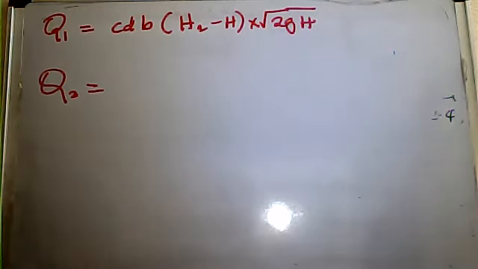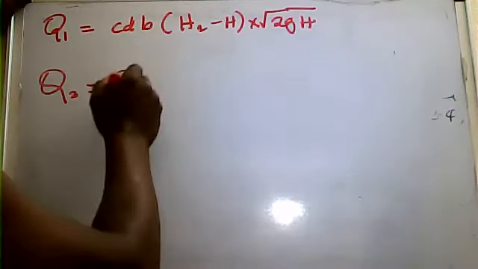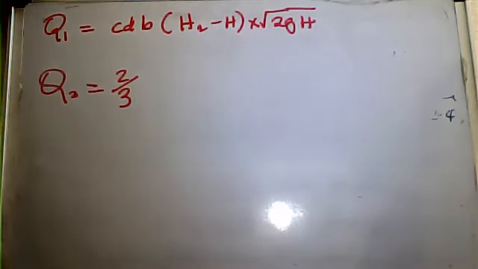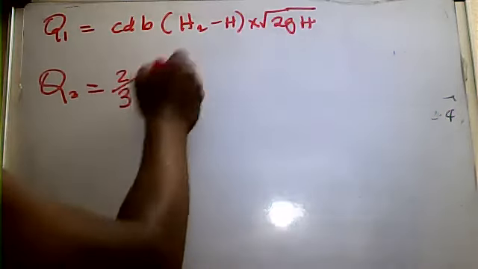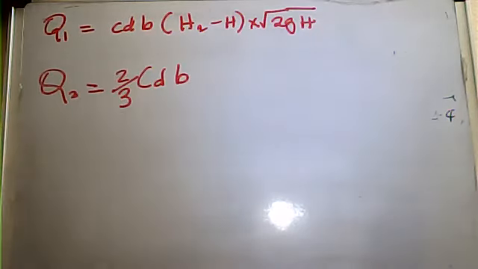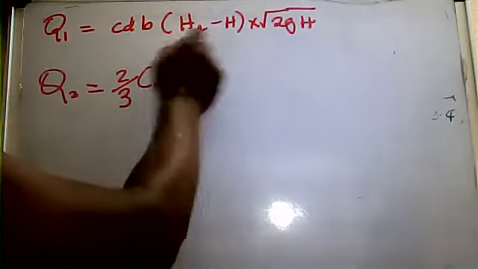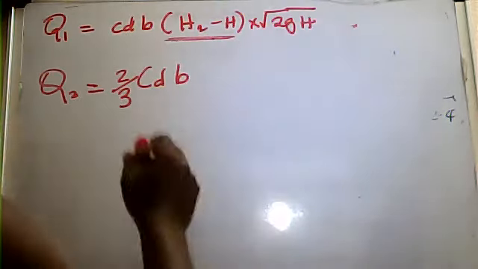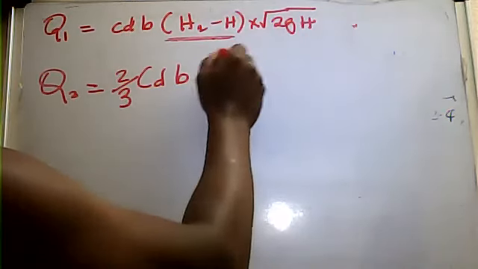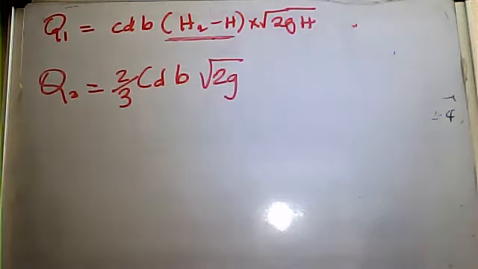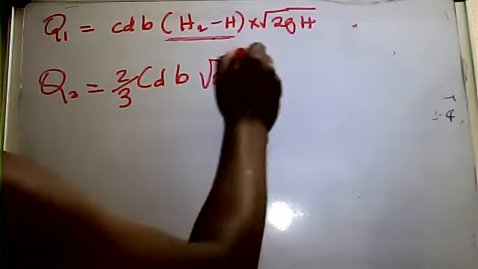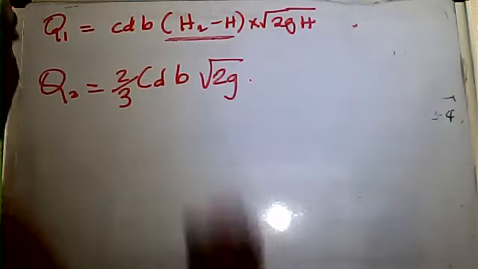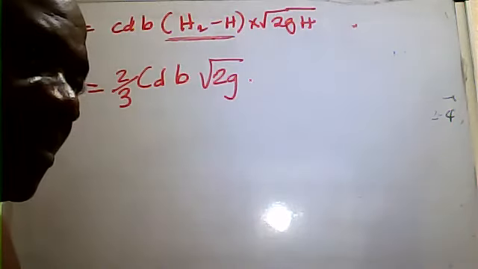The first thing is that it has a fraction in front. Two things: CD, B. Then this H we subtract here comes at the end. It has 2g. Just like that, 2g, multiplied by.